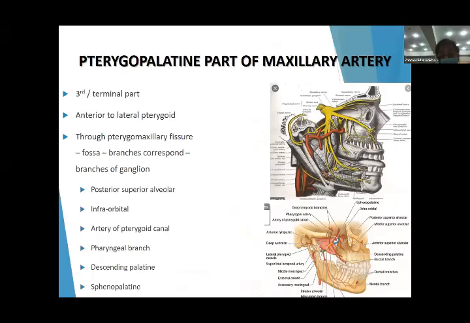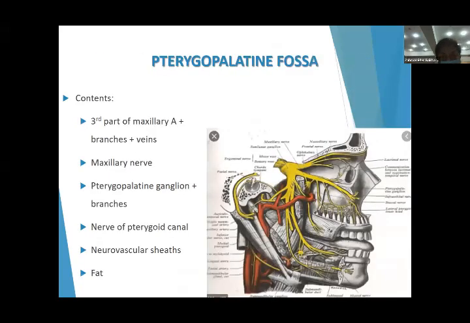Maxillary artery, उसकी branches, उसकी third part जो pterygopalatine fossa में आता है, that part of the maxillary artery, उसकी branches हमने की थी सारी.